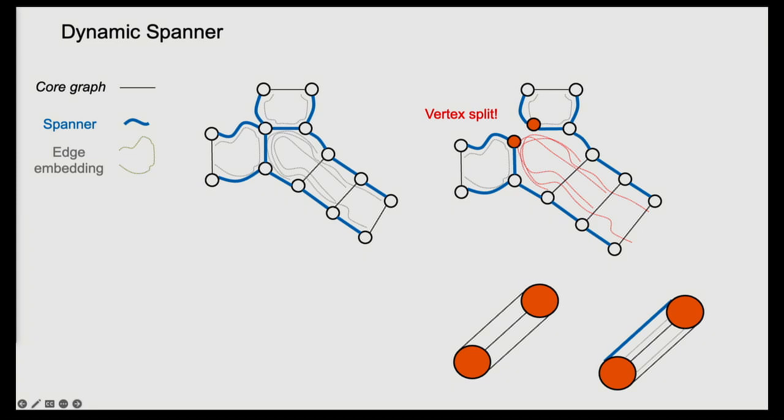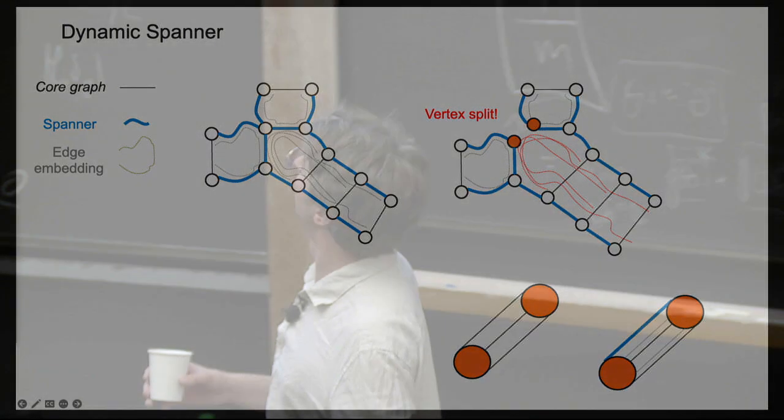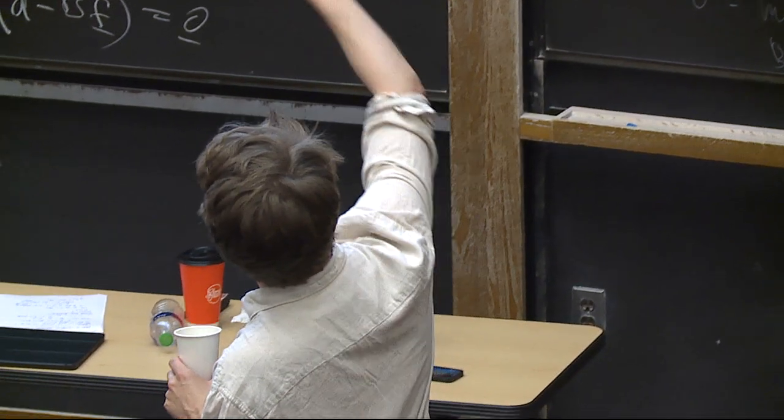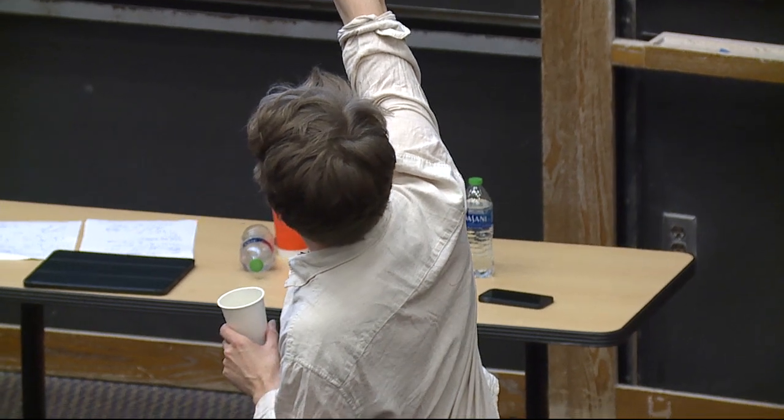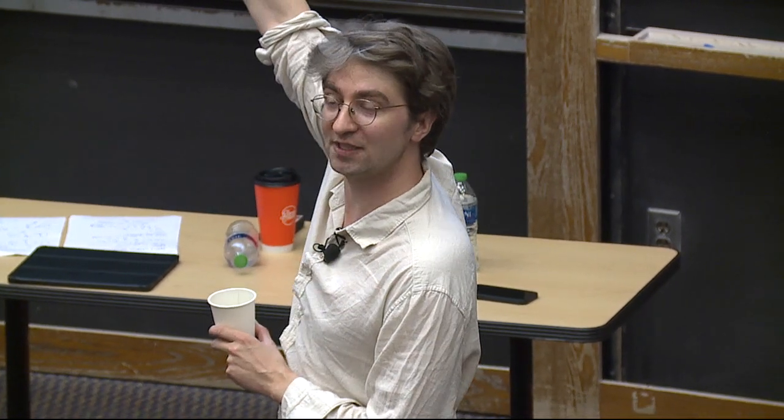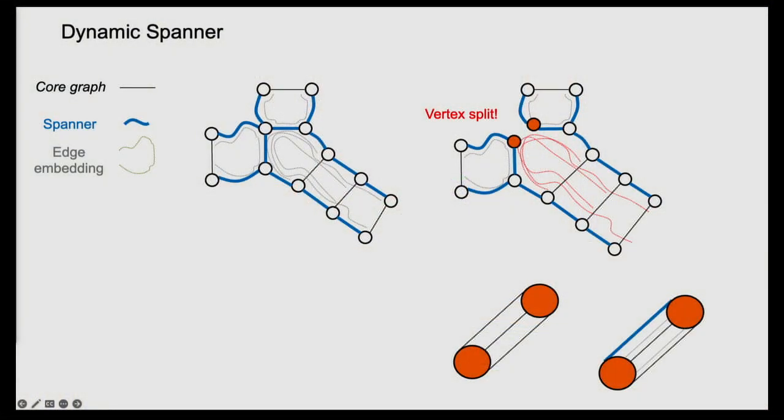Question? So can you see again how we get the three edges on the left side? Do you see the red embedding paths? Those are the paths that were broken by the vertex split. Now I want to move the edges that have a broken embedding path onto the orange vertices. I move one endpoint along its embedding path until the first time it hits an orange vertex.